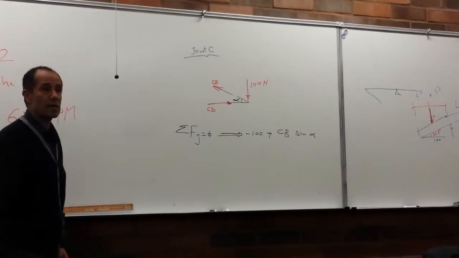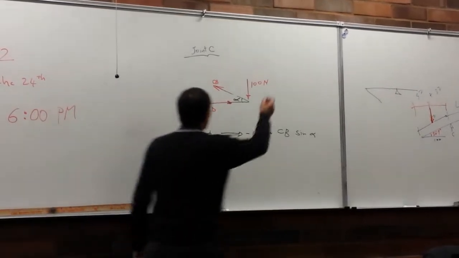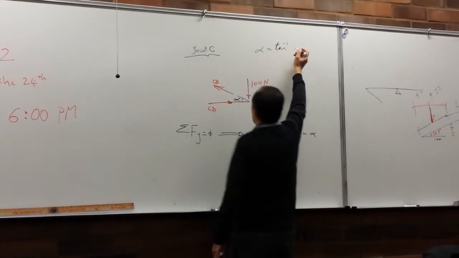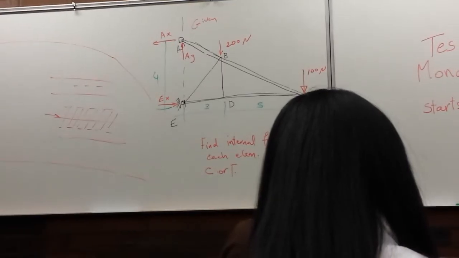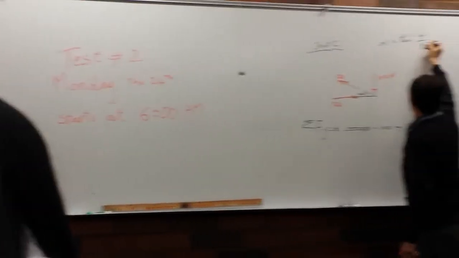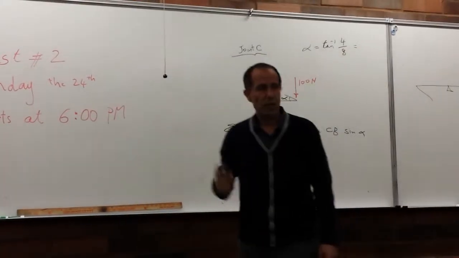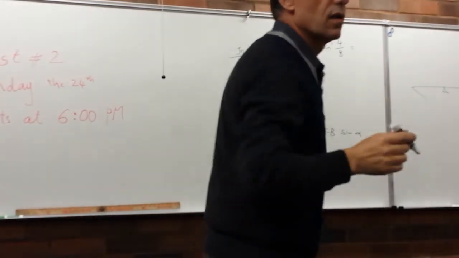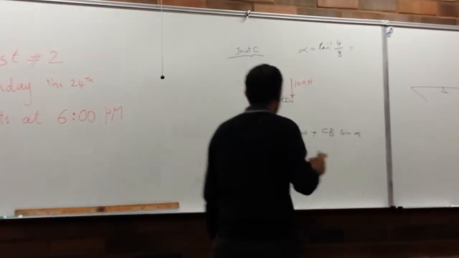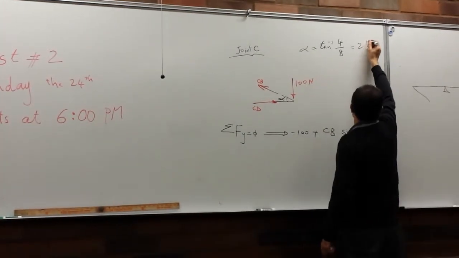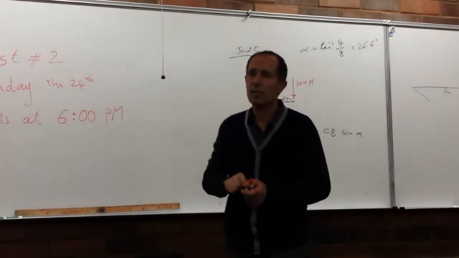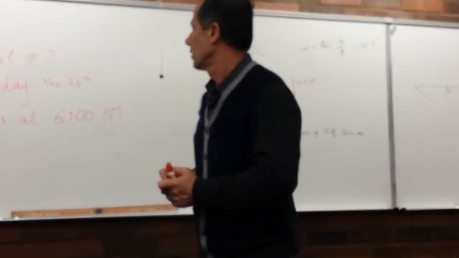He says alpha is 30 degrees. I don't know that. Let's see. Alpha equals arctangent of 4 over 8. Give me alpha, please. 26.6. I was just guessing. Everybody agrees on this? 4 over 8.